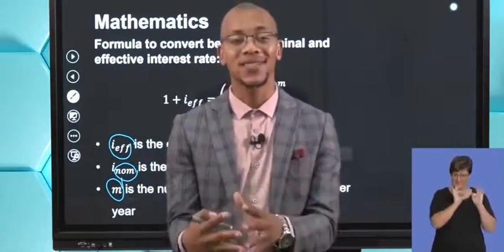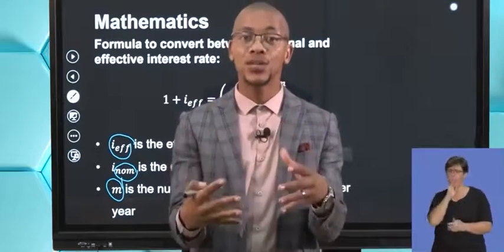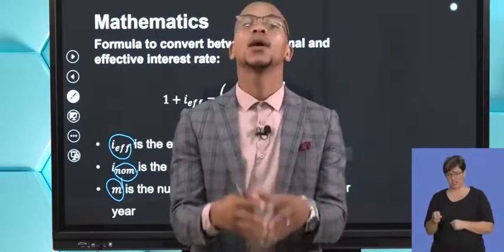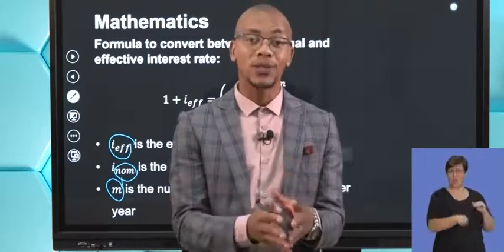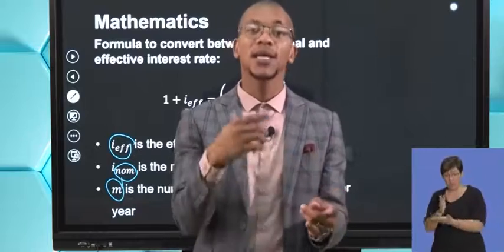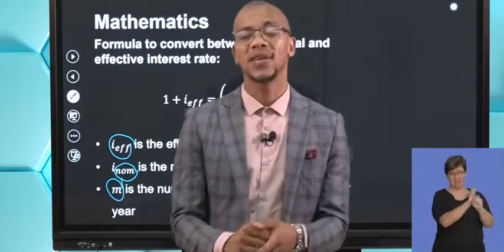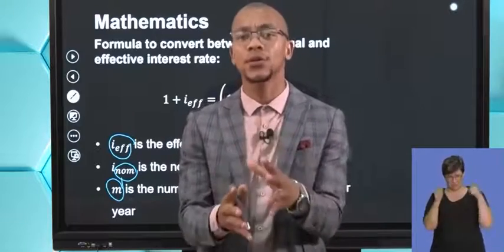That's the effective interest rate. I will repeat that again. What did they promise you for the whole year as the interest? And what did you actually get because of the compounding period? What they promised you is the nominal, and what you actually get will then be the effective. So please remember those two.